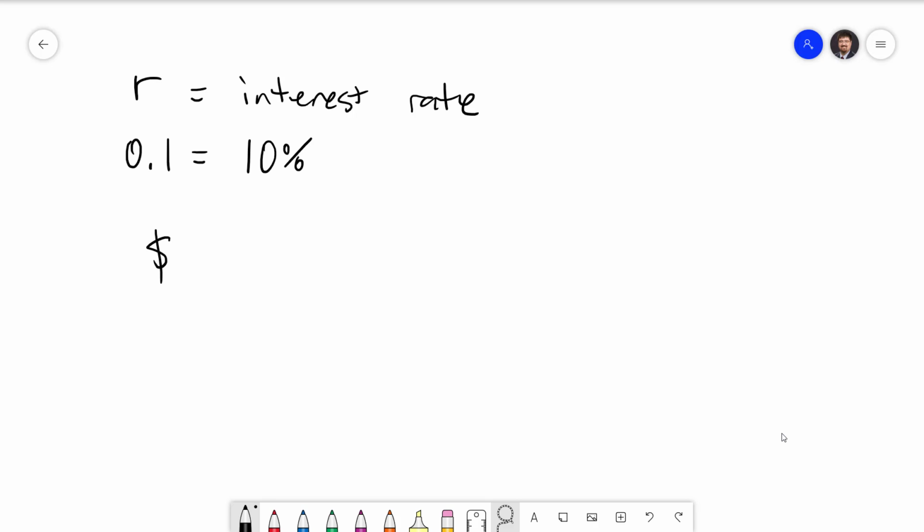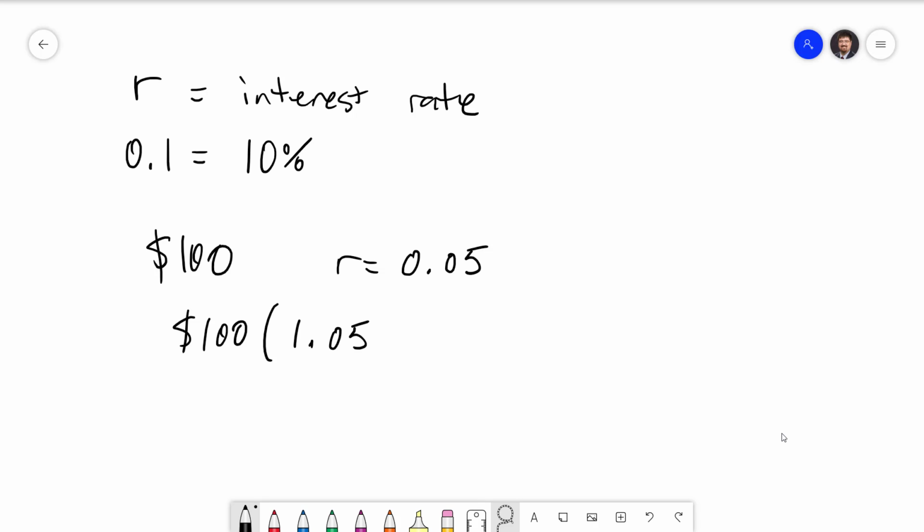Suppose we have $100 in an account with an interest rate of 5% per year. So we're going to write R equals 0.05. After 1 year in this account, we are going to have 100 times 1.05, which will be $105. It's going to grow by 5%.